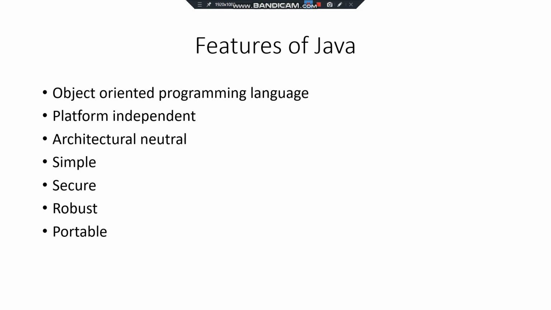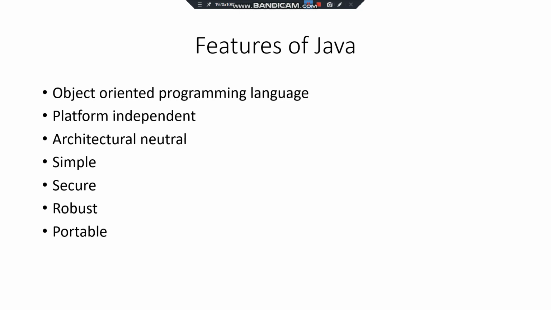The next feature is that it is platform independent, meaning that once we compile a Java code in one system, it creates a bytecode which can be transferred to any system irrespective of the platform being used. The next feature is that it is architectural neutral.